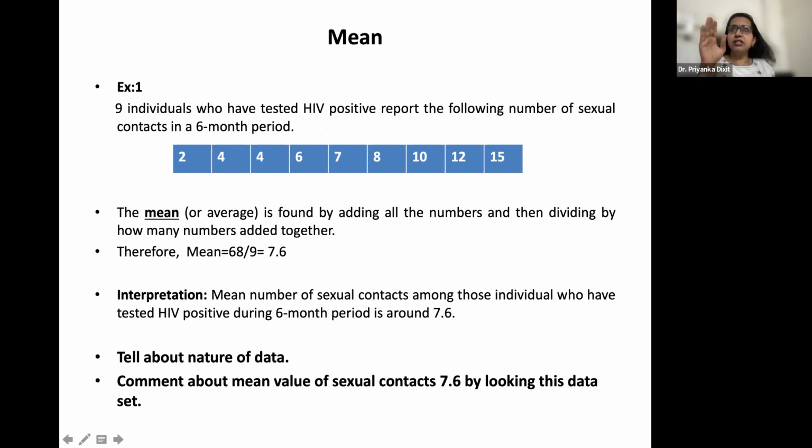If my answer does not lie in 7 to 8, or in this central part, then I would say that there is a problem in the mean, or mean is not a good indicator. Fine. So now how can we calculate the mean? What is the formula? It is summation xi divided by n. What is xi?